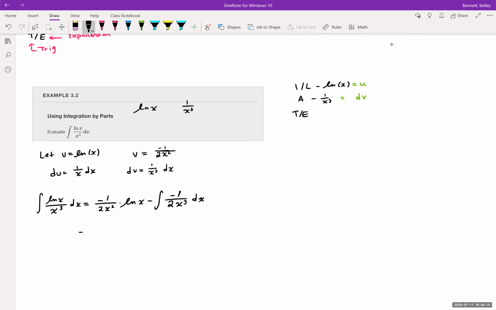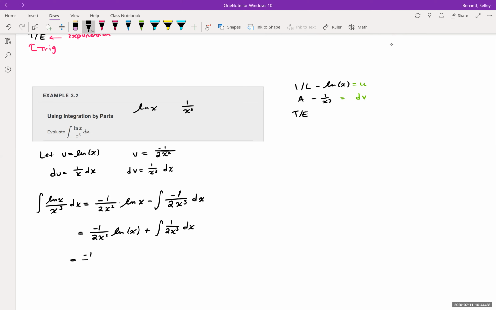And this is another really straightforward integration. So I'm just going to rewrite the first bit, negative 1 over 2x squared ln of x, and then the integral. So this becomes a plus sign here. So maybe I'll write out that intermediate step, 1 over 2x cubed dx.